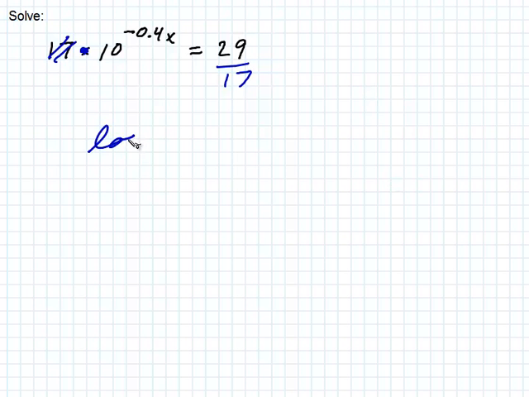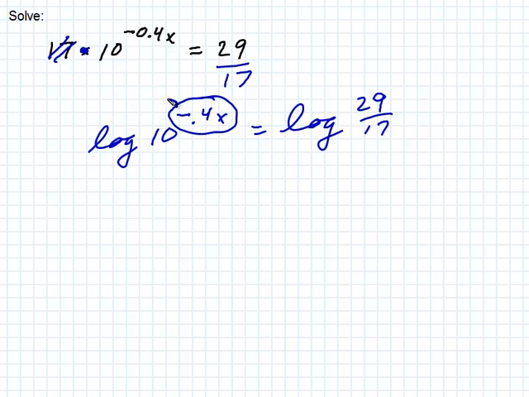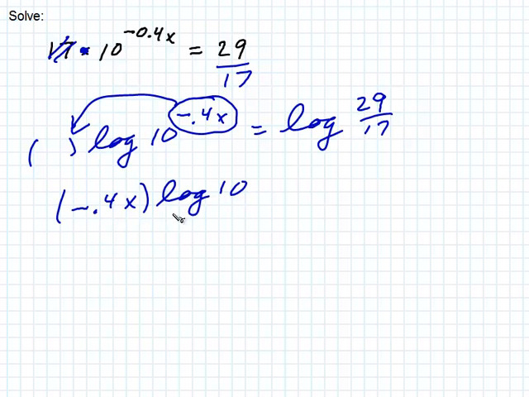So I can say the log of this equals the log of this. Okay. Now, I can bring the exponent to the front and put it down here on the ground floor. So I can say minus 0.4x times the log of 10 is equal to the log of 29/17.